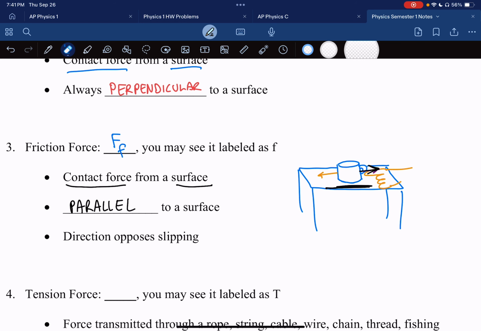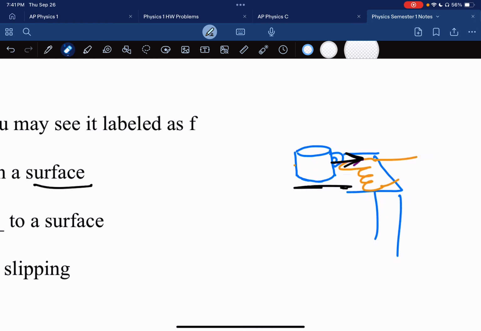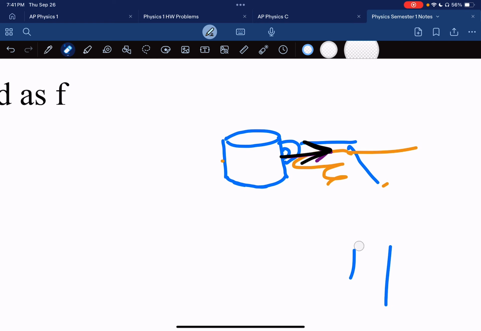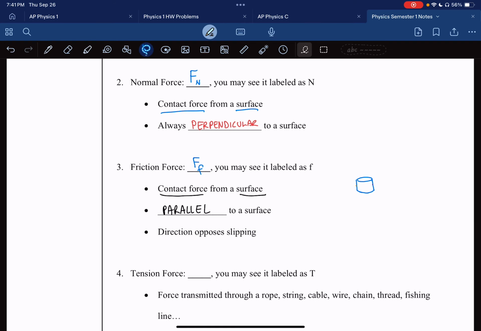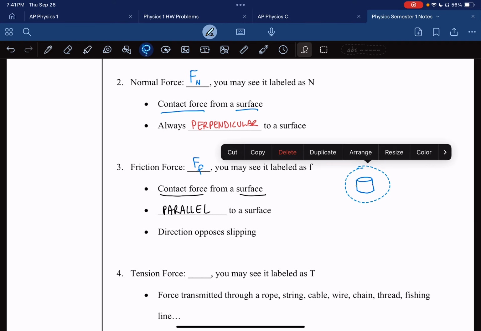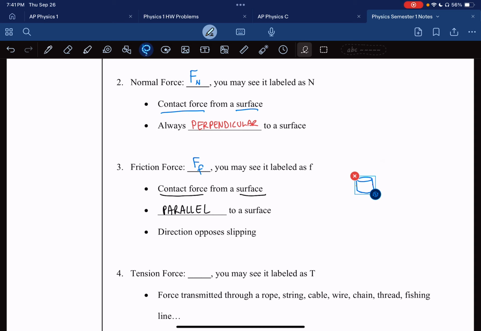Here's another example. Let's clean all this up. I got rid of the handle. It's okay. I don't know why I just won't draw another one. Resize. Let's turn it like this. And let's imagine we have a table.